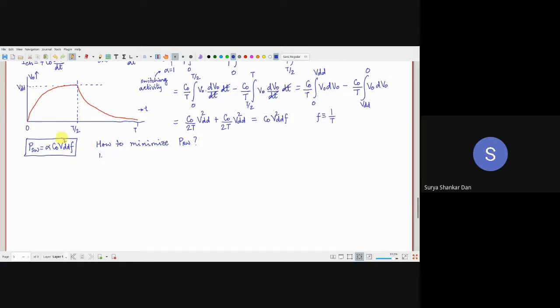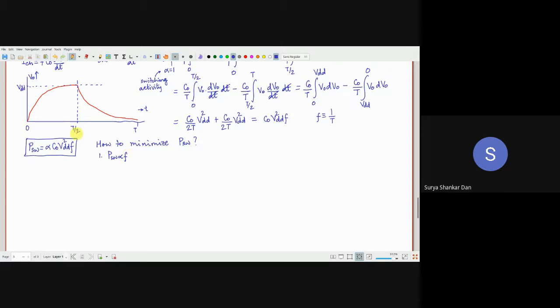All right, so the first thing that comes to our mind is small f. Unless it is specifically necessary to develop a circuit for high frequencies, you can always reduce small f. As you can see, P switching is directly proportional to the frequency.